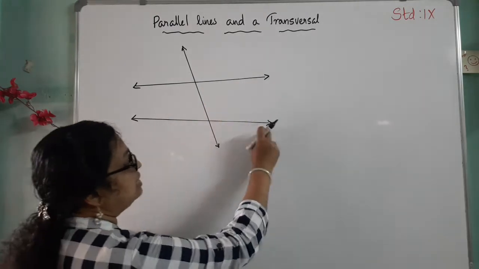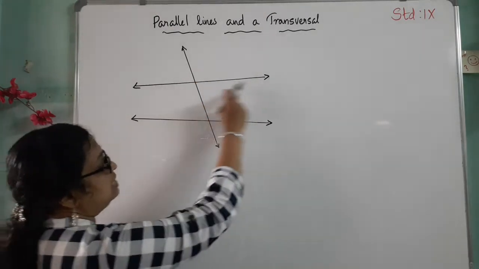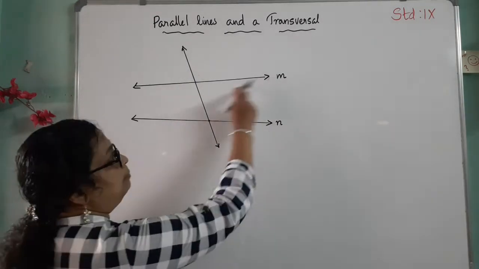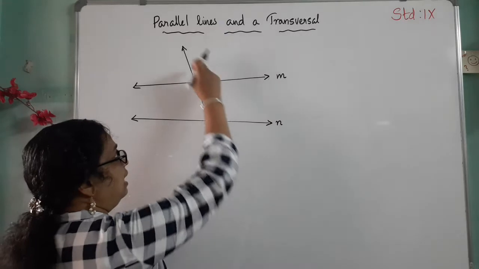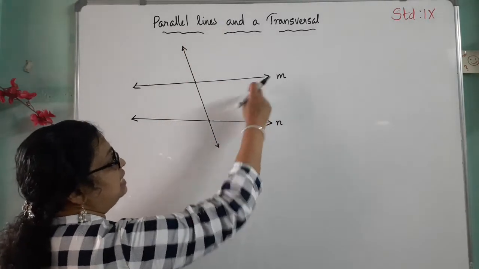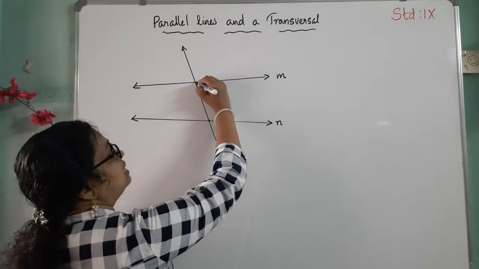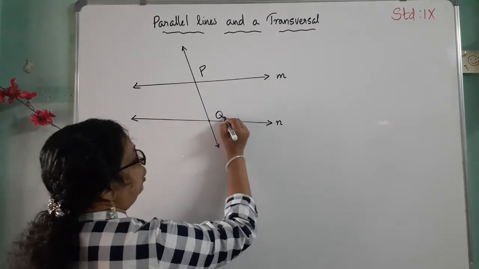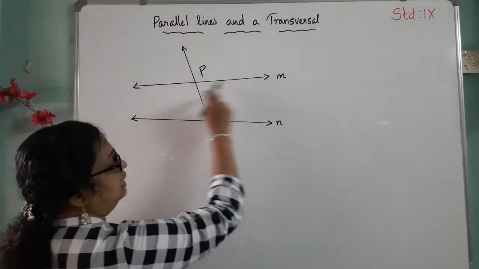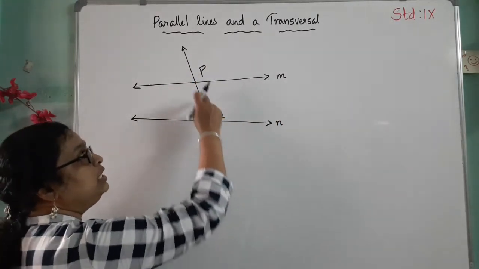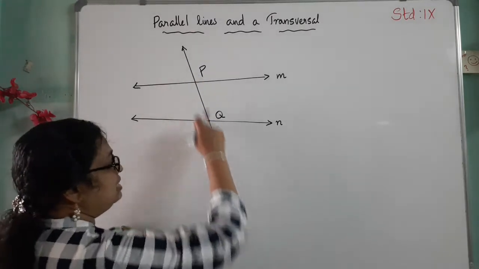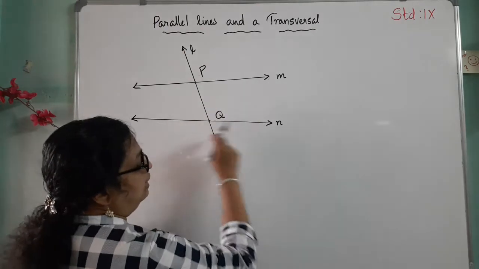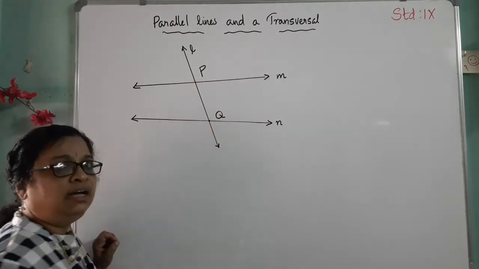Let this line be M and this line be N. M is a line and N is a line, and this is a line which intersects M and N at 2 points, let this point be P and this point be Q. This line intersects M and N at 2 points P and Q, so this line is called a transversal, let it be L. So M and N are two lines and L is the transversal.